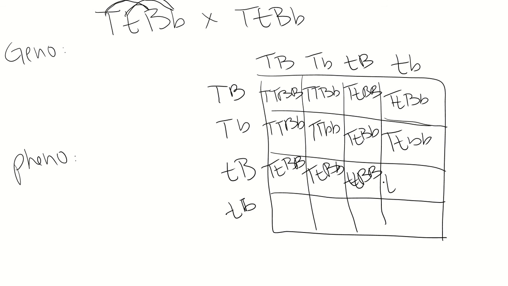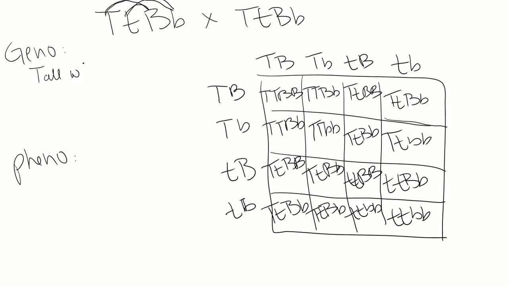And this one, as you can see, takes a little bit longer. We've got a lot more going on here. But then by the end of it, we'll know how many individuals will be tall and have blue eyes, or tall and have brown eyes, etc. Okay, so now we know that our phenotypes are going to be tall with brown eyes.